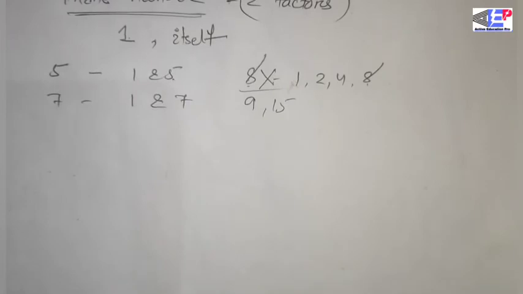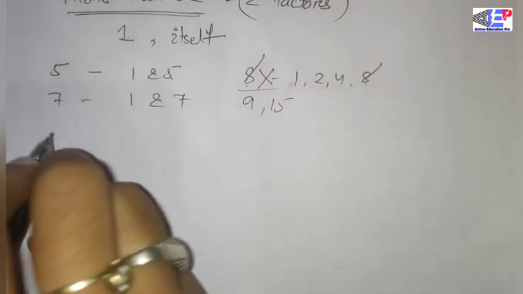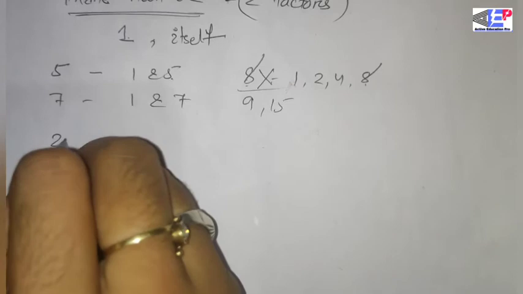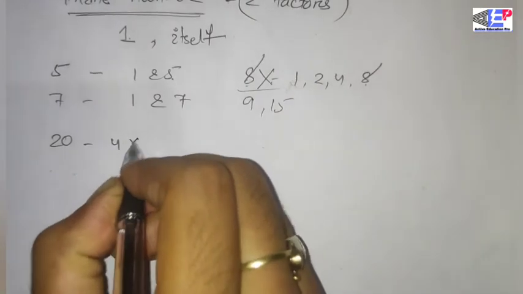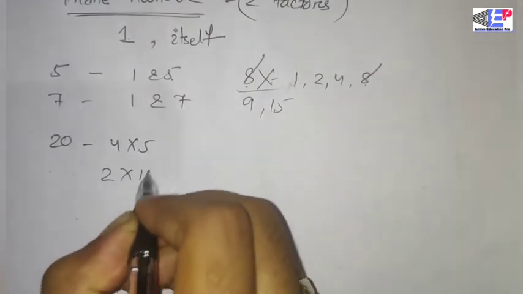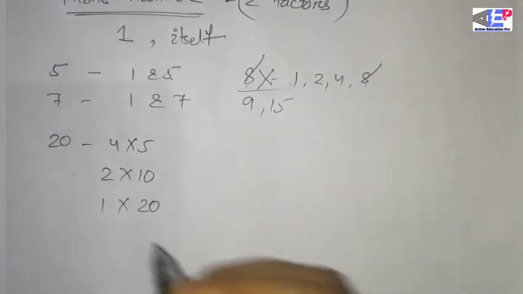Let's take an example for prime factorization. If the question given to us is 20, you need to split 20 into its factors. You can write 4 into 5, 2 into 10, or 1 into 20.